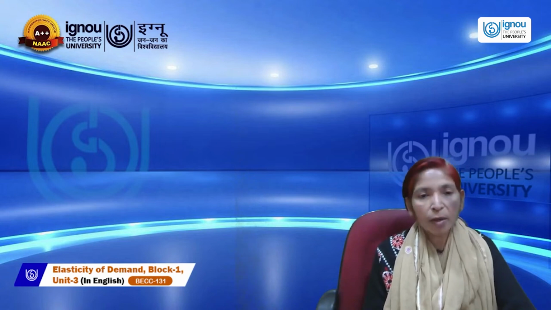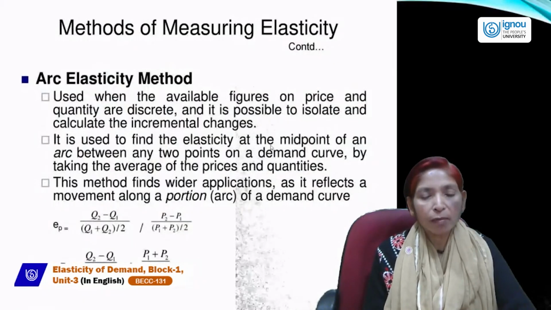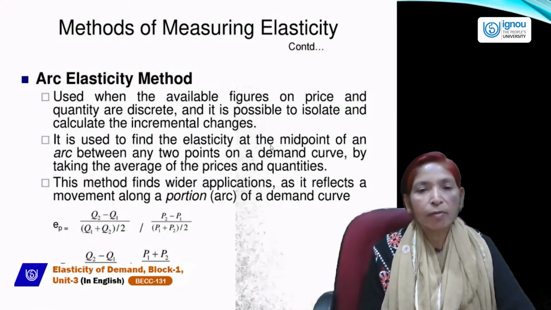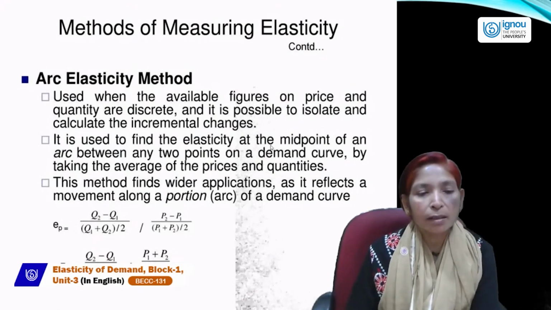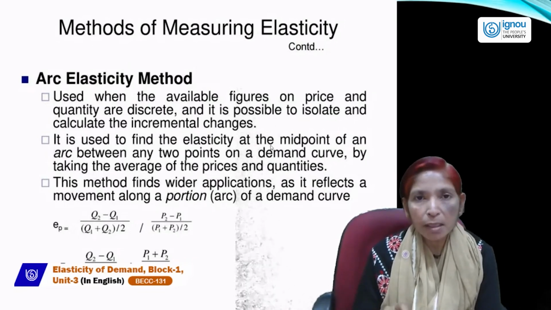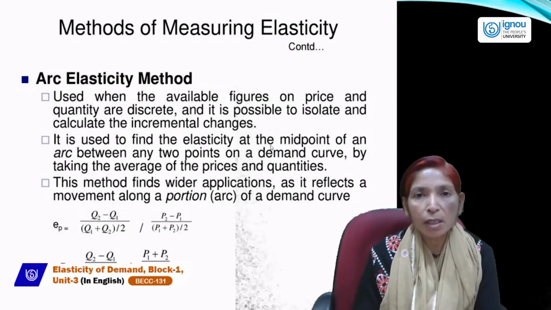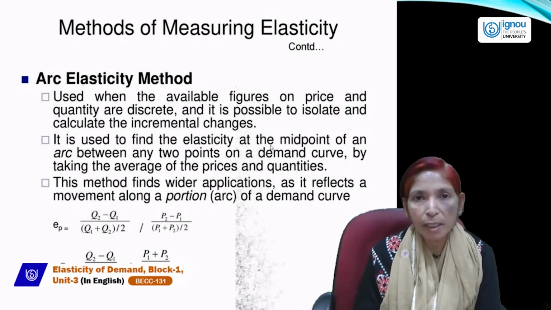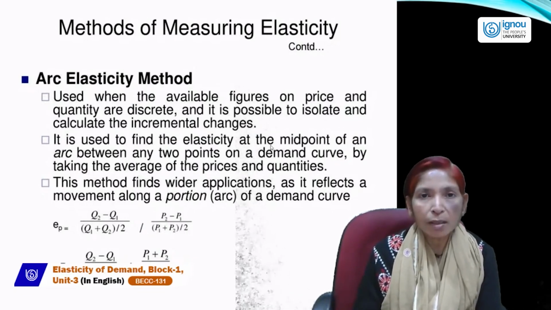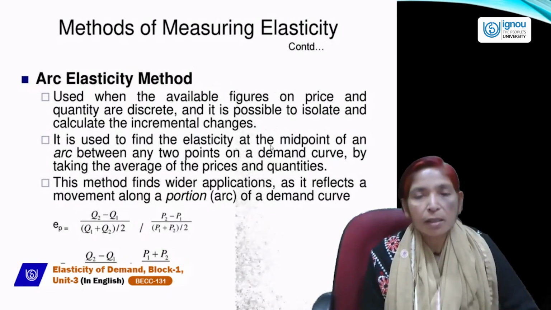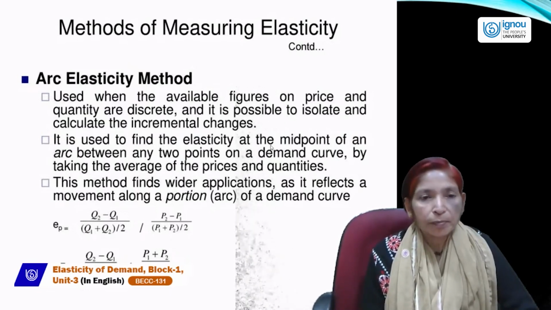P1 is new price and P0 is initial price. Q1 is new quantity and Q0 is initial quantity.